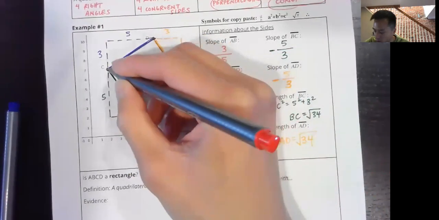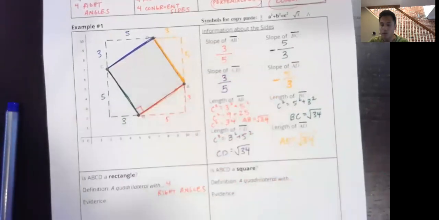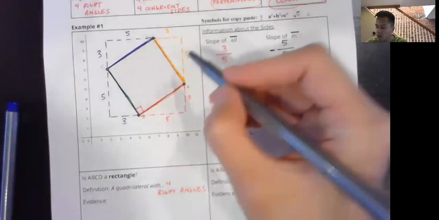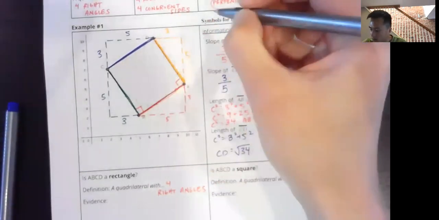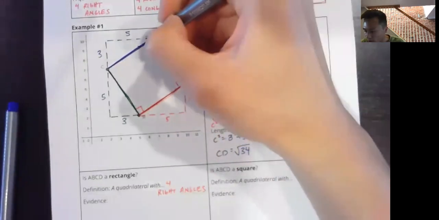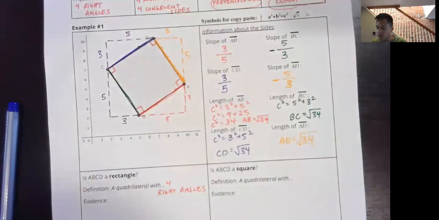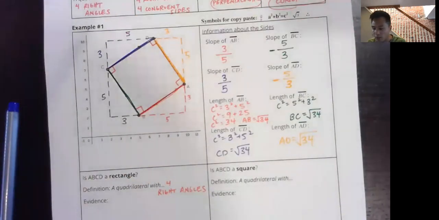If this side is perpendicular to this side, then it would form a right angle there. If BA is perpendicular to AD, it would form a right angle here, and so on. If this side is perpendicular to this side, it would form this right angle, and all the way around. And here's a very helpful hint.